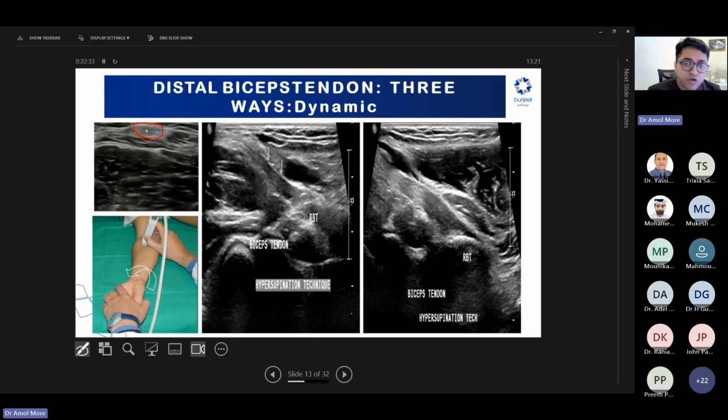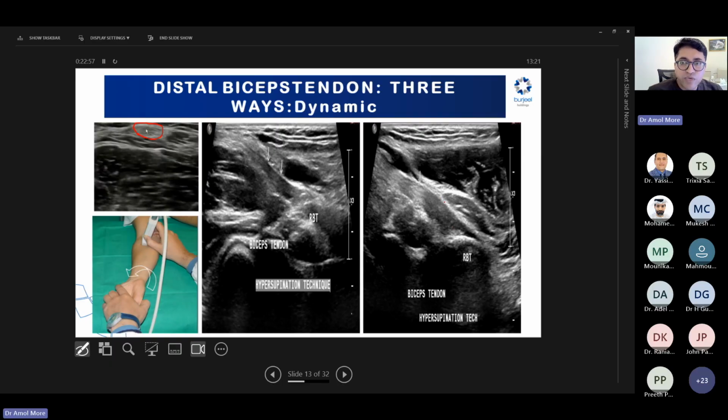Distal biceps tendon insertion on the radial tubercle is a wide insertion, around 2.5 to 3 centimeters square, and it inserts in two components. The anterior component will be the short head of the biceps, and the posterior component will be the long head of the biceps.